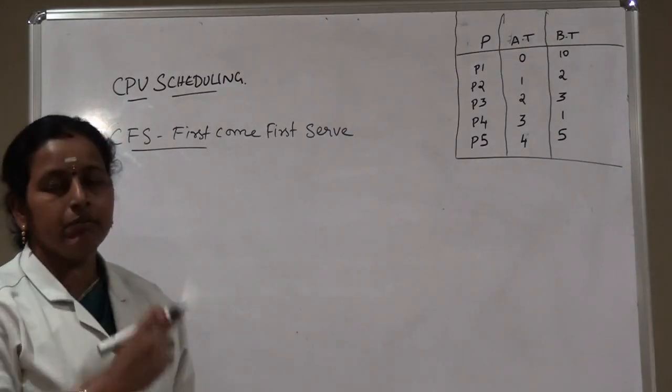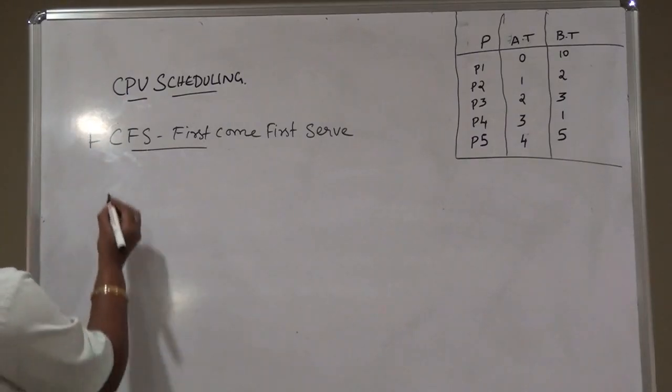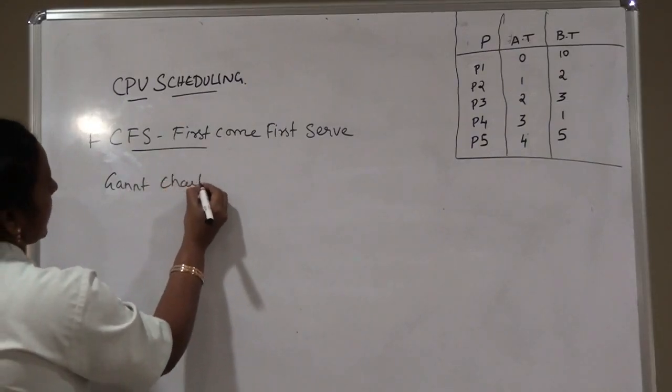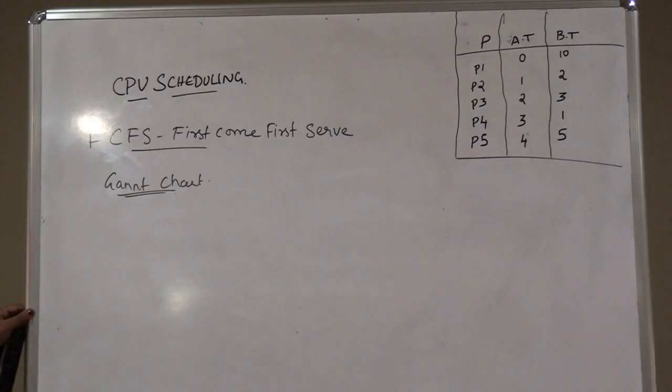Considering the arrival time, now I am going to draw the Gantt chart for this problem. The first step is to draw the Gantt chart, a chart which shows the execution steps.